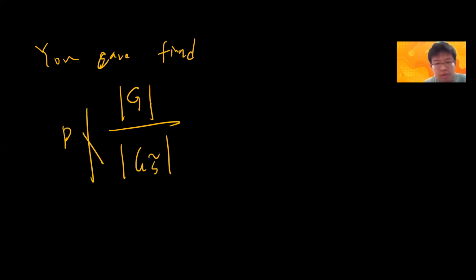But the problem is that if this is not divisible by P, then this GS tilde must be P to the N, because it must absorb all the P, as we deduced before.